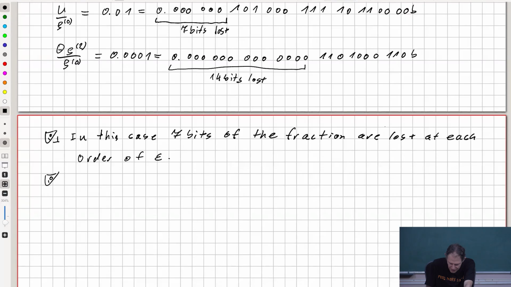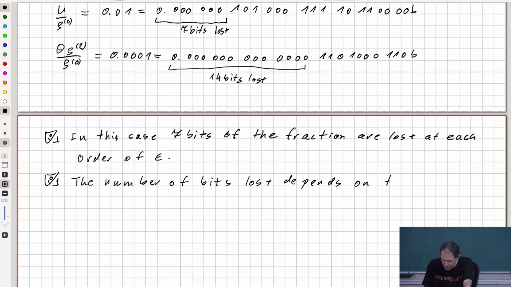Of course, the number of bits that you lose is a function or depends on the magnitude of the value of the first value, so the epsilon 1 value.